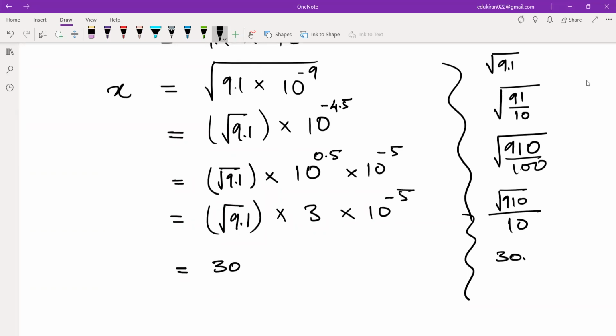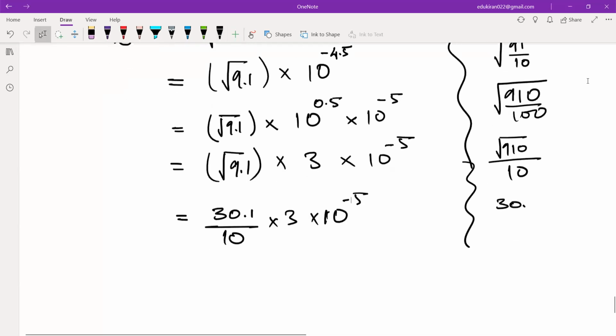So 30.1 divided by 10 into 3 into 10 to the power minus 5. Actually, can I write here? This has 3.1 because log 3 is 0.48, yes or no?